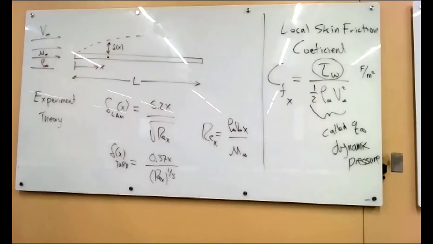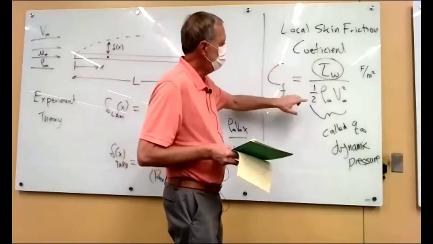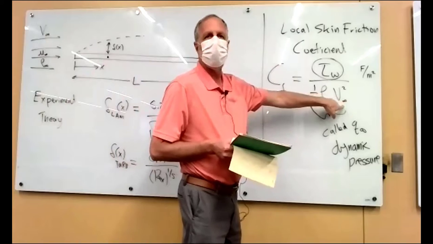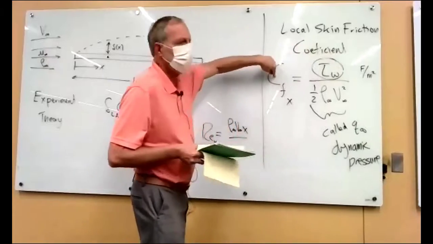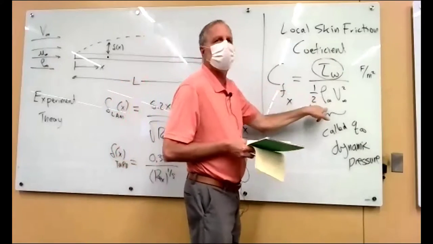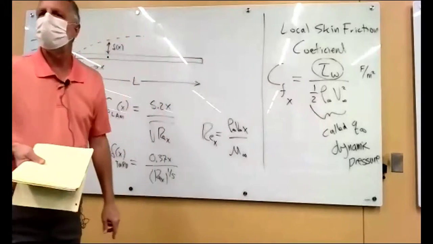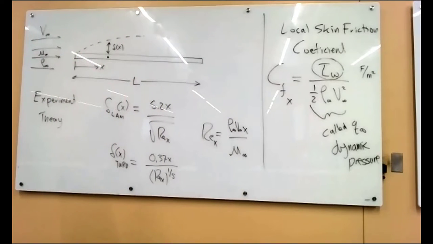So by dividing through by that, we can take out that dependency, and we can come up with formulas that are good for any density and any velocity. Because if you want to calculate the shear stress, tau, you take the formula, calculate this, and then multiply by whatever your velocity and density are to get the answer that you need. So I can give you a formula that's good for any low speed velocity, all the way from 0 up to 225 miles per hour, and for a lot of different ranges of density, and you just have one formula for all those velocities and densities.